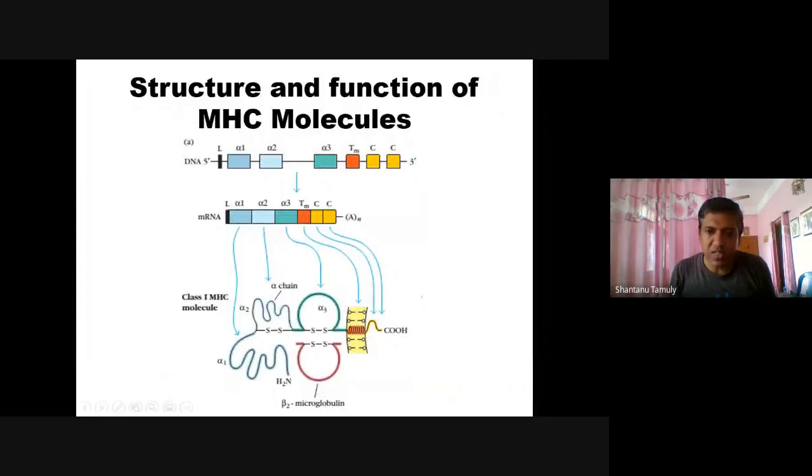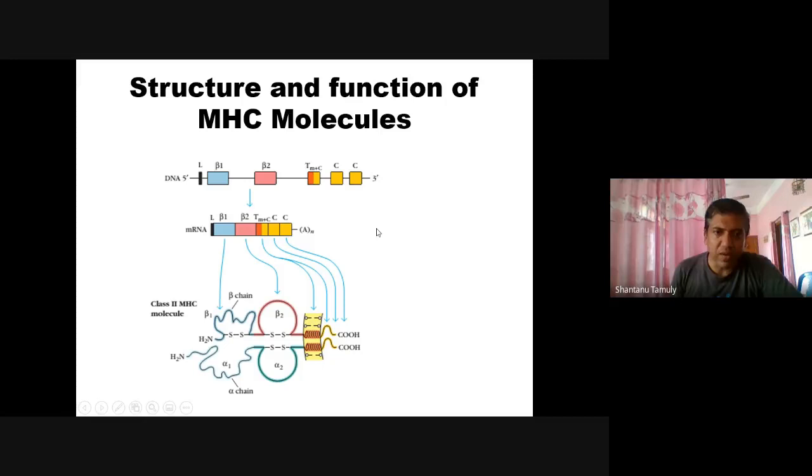If we just see the structure from here to completely this one, it is a single protein. Then this one is a different protein. So you have one polypeptide here, and this is the second polypeptide. So it is a dimer. Heterodimer means both the dimeric units are different.